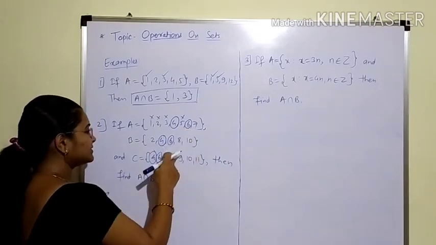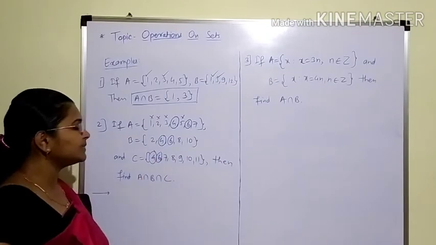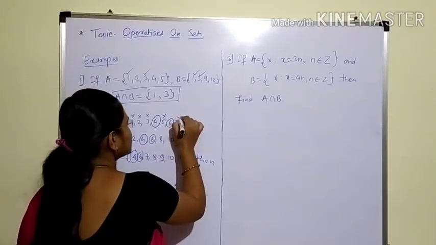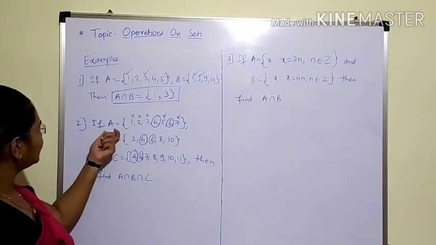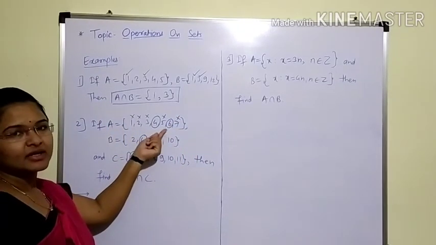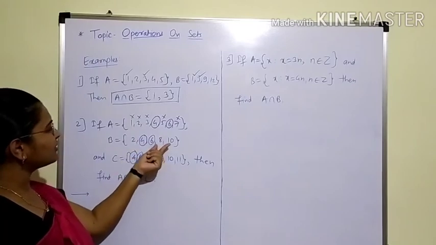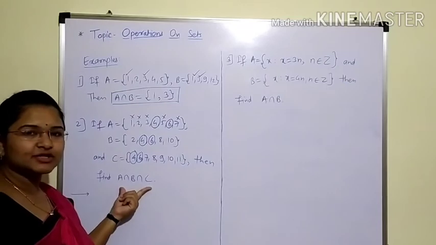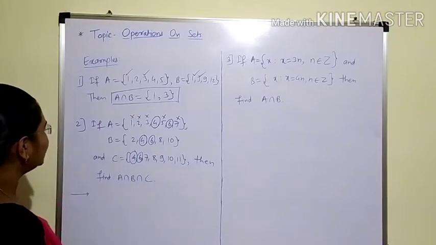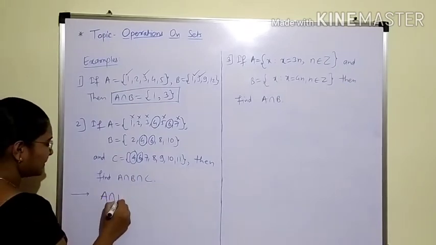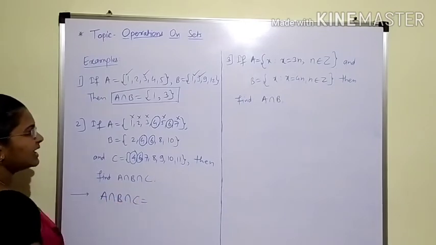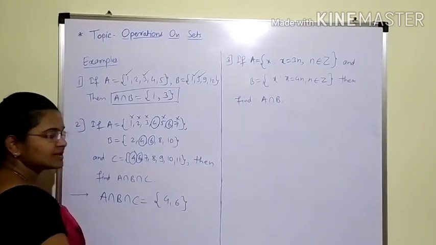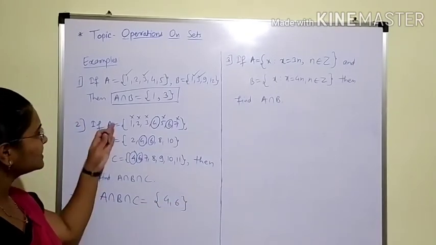Element 7 is not there in set B. It is there in set C, but we need the intersection of all three sets, so we'll not take 7. So we have completed all elements of set A. No need to check other elements from set B and set C, because we are taking the intersection of all three sets. So the intersection of A, B and C will have only two elements, 4 and 6. Understood? Any doubt in this?